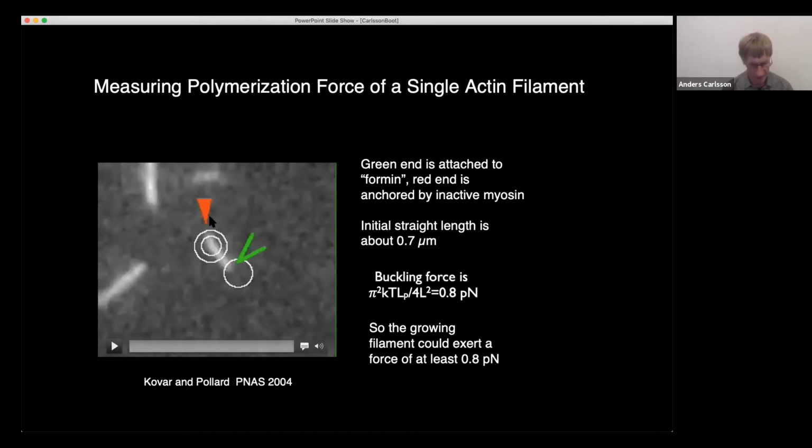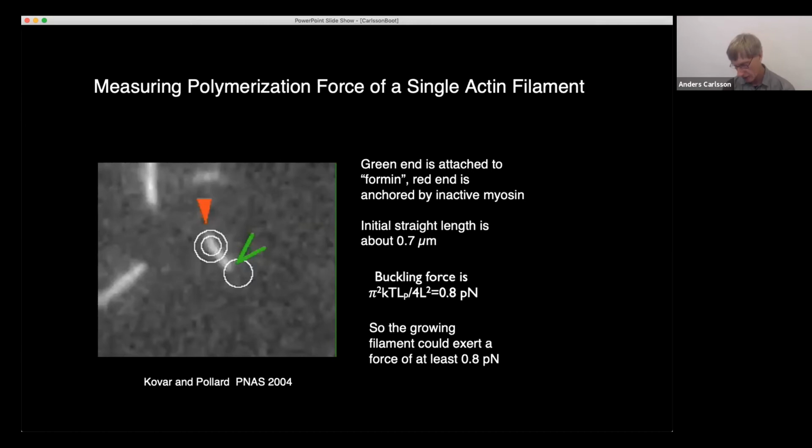That end doesn't do anything; it just sits on the substrate. But at the other end, it's anchored by what's known as a formin. And formin is a molecule that can anchor the actin filament on the one hand, but the filament can keep polymerizing while that formin is attached. So even though this filament is attached to the substrate, it can continue to polymerize and generate force.